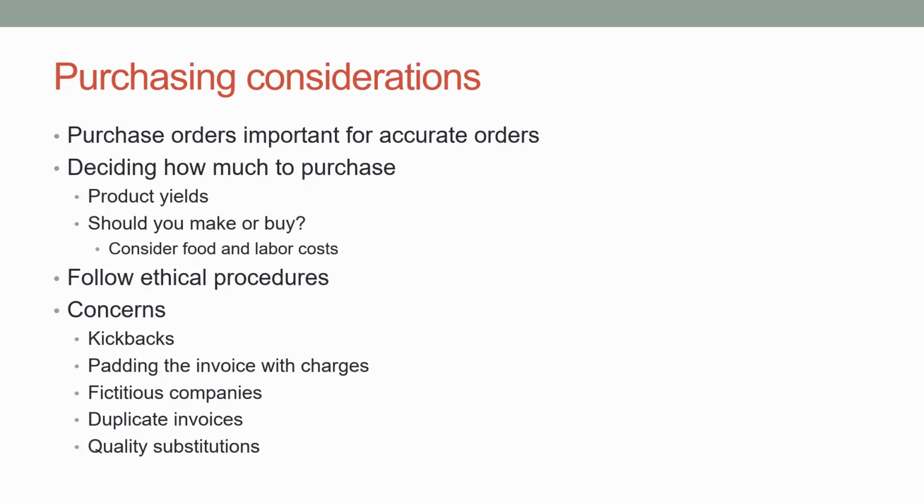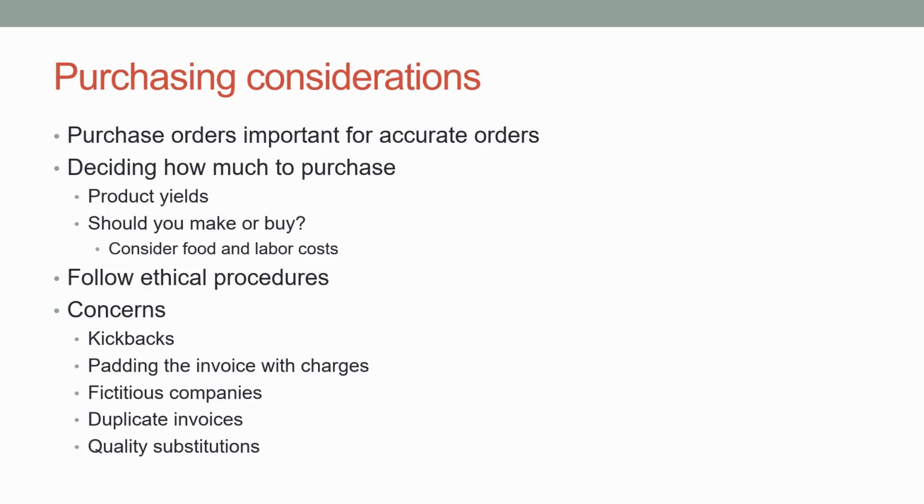Some other purchasing considerations to look at: purchase orders are important for accurate orders. We'll look at more of that in a second. When you're deciding how much to purchase, you want to look at product yields. Is there shrinkage, especially when we're looking at meat, etc.? And also you want to think about, should you make or buy? Is it worth your time to make broth?